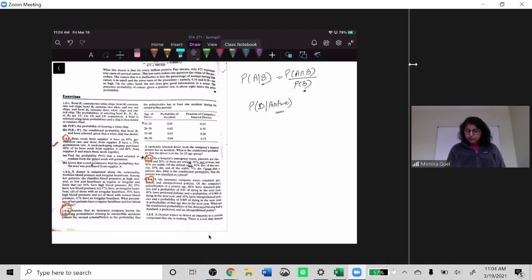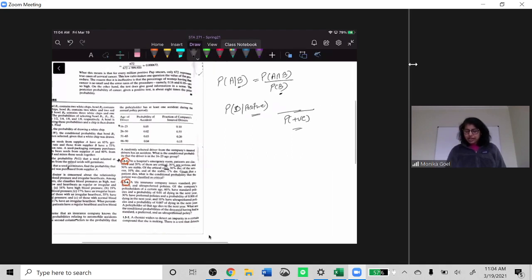And we were looking for the probability of a positive test. When we look for the probability of a positive test, it's not just one case. There were 2 cases where the test comes out positive. If you remember, this is the example we did in the slide, that the subjects have either the disease or no disease.